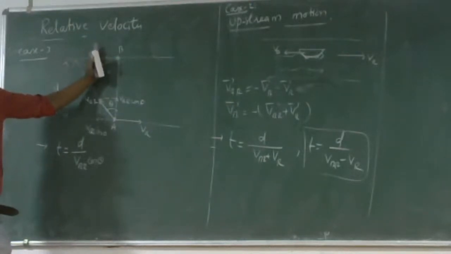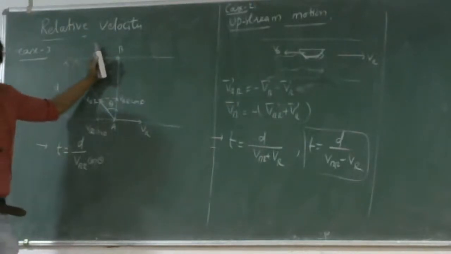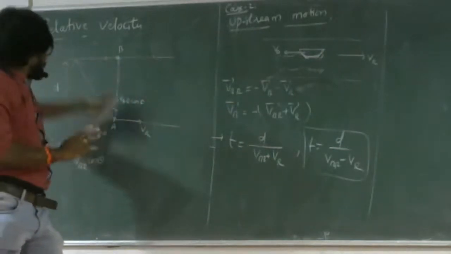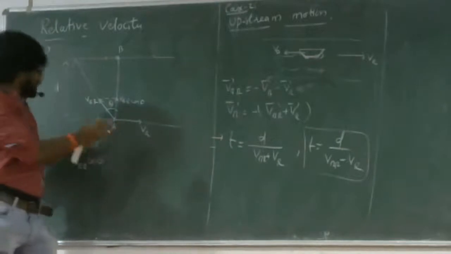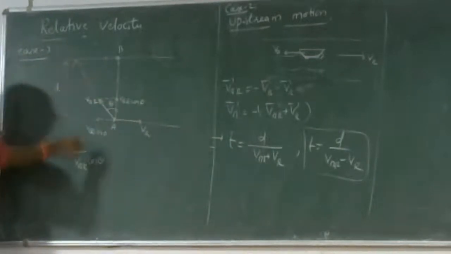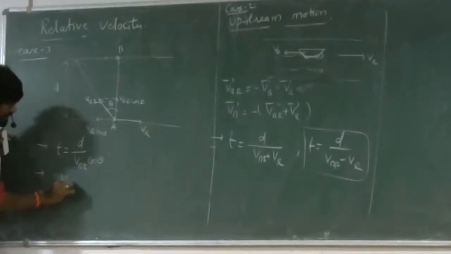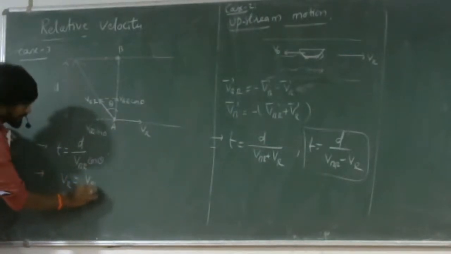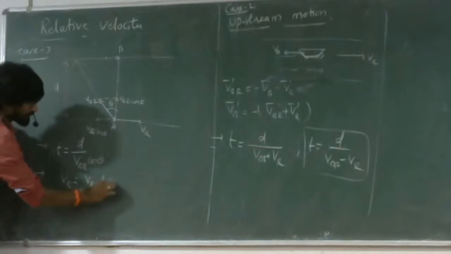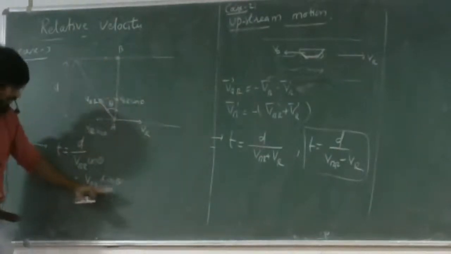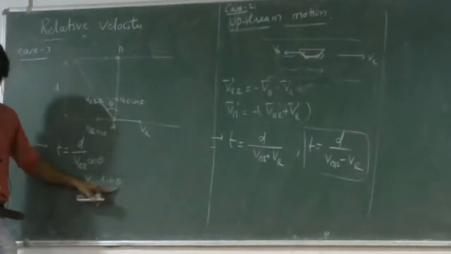These three points, remember. I'm giving you these three points orally. The first point I have already given you. What is that? The main thing: to cross the river in the shortest distance path, the valid condition should be VR is equal to VBR sin theta.